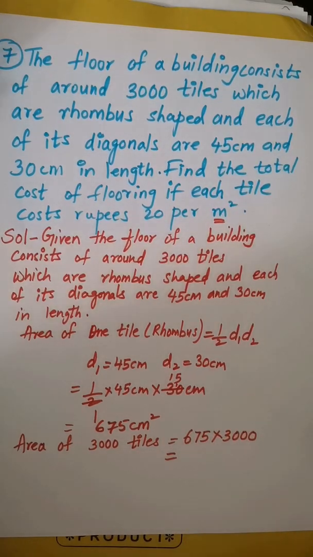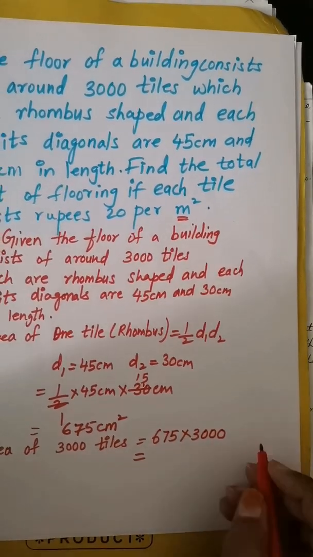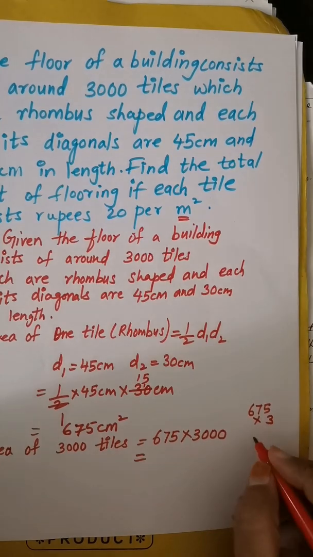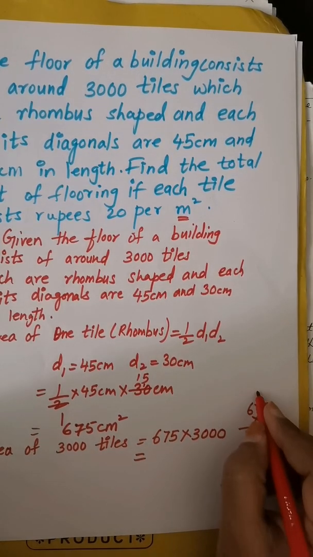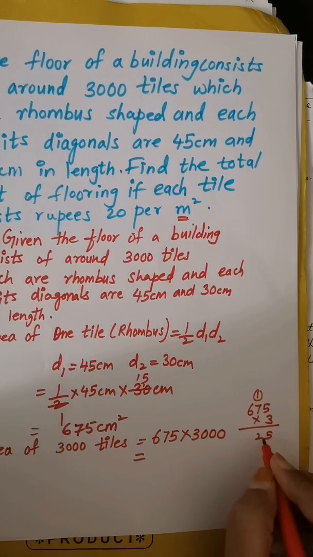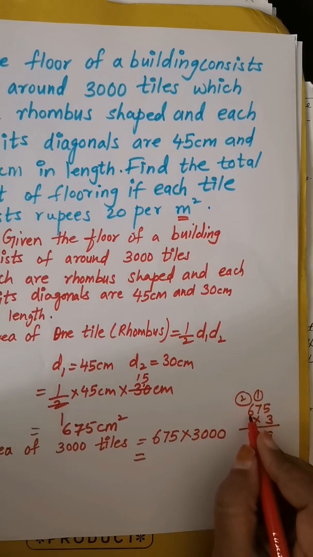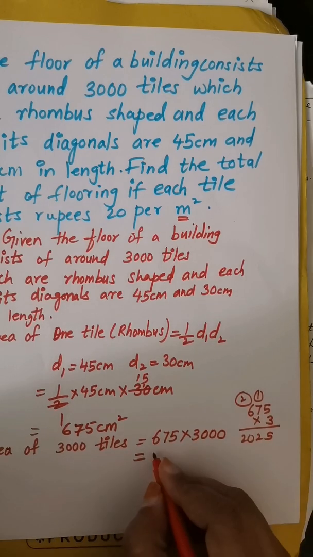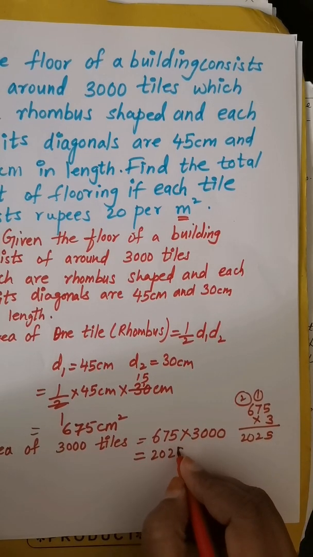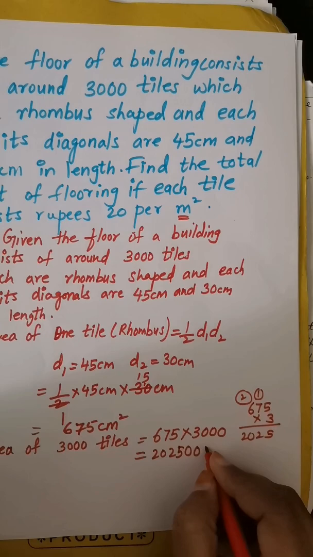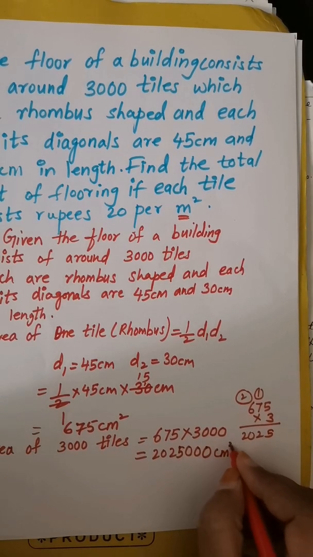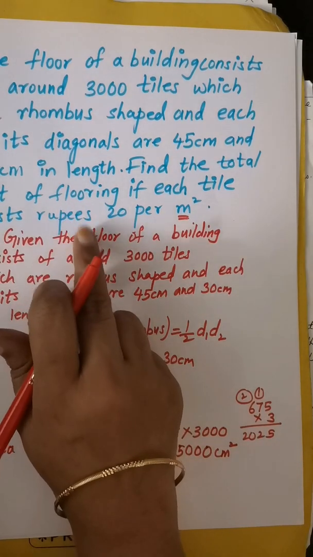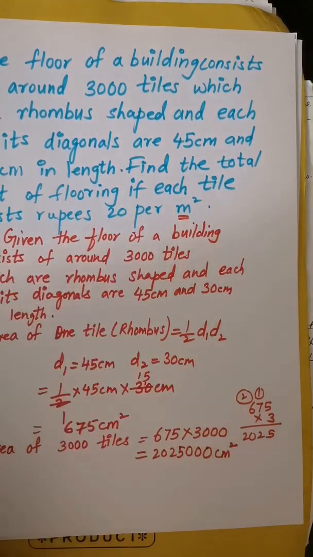So just multiply 675 into 3: 3 5s are 15, 3 7s are 21, 22, 3 6 are 18, 19, 20. 2025 with 3 zeros. This is centimeter square, but we have to convert it into meter square because the cost of 1 meter square is 20 rupees.